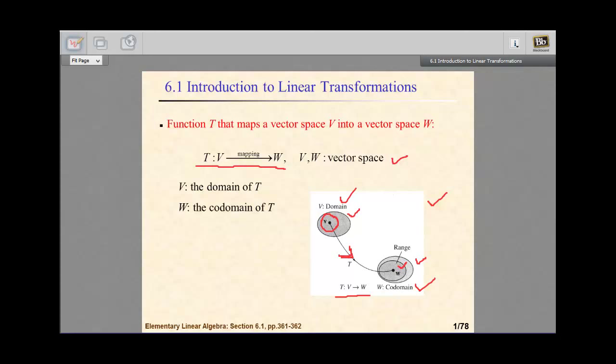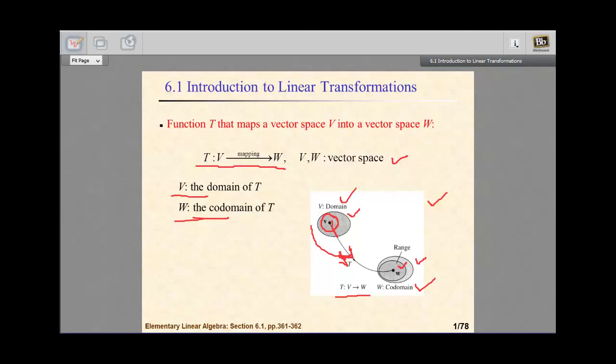We are moving from the domain to the codomain, and the small circle is called the range. So this is the concept of the linear transformation. There are two things in a linear transformation: one is a domain, and another is a codomain. And we have a transformation from domain to codomain, that is called a linear transformation.